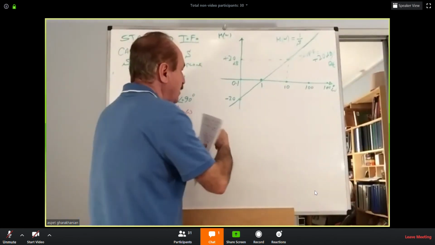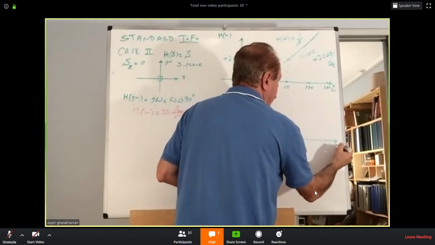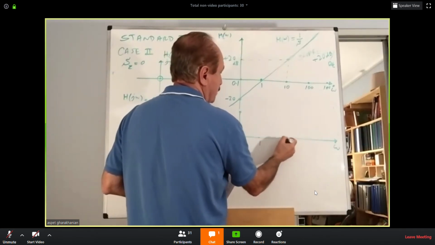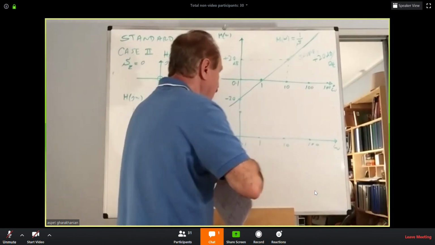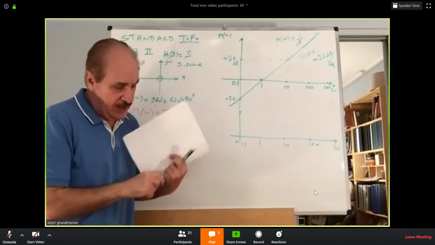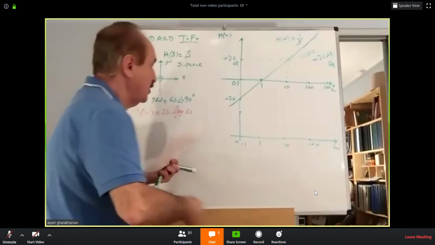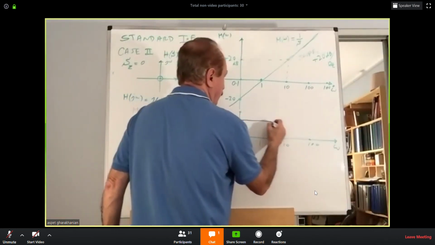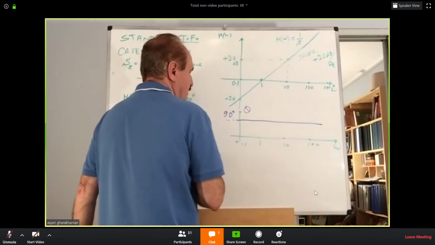About the angle. The angle response here, by the same frequencies, 0.1, ones, tens, and hundreds, will be a permanent 90 degrees. So you will have a 90-degree shift, theta just positive 90 degrees.